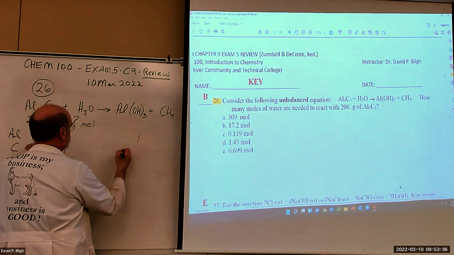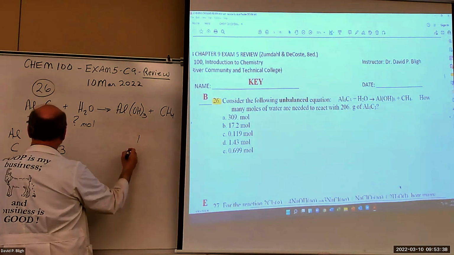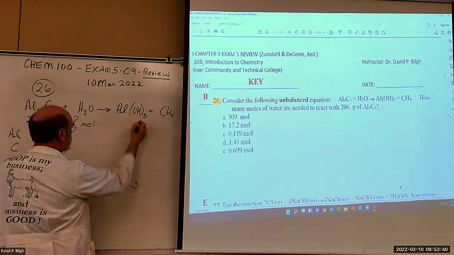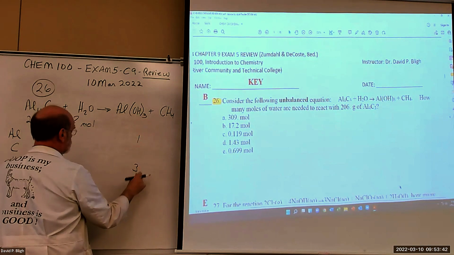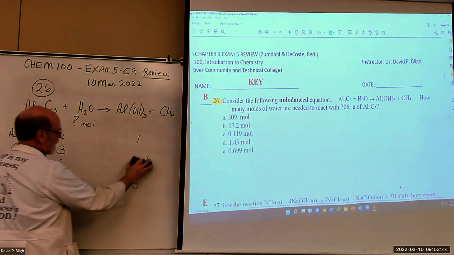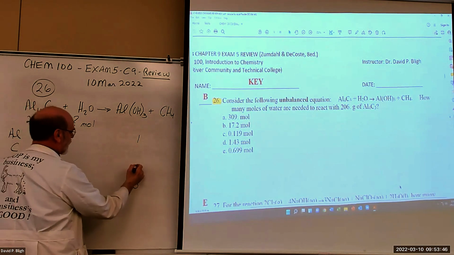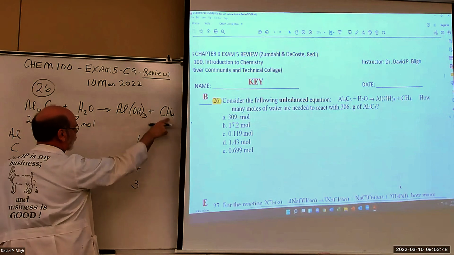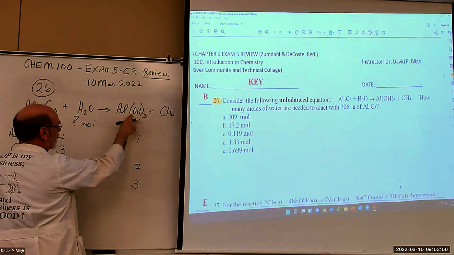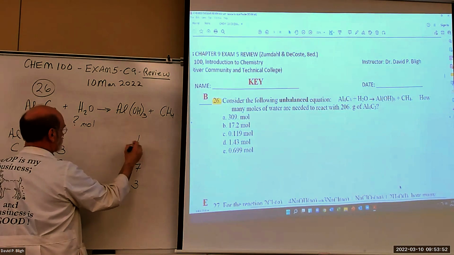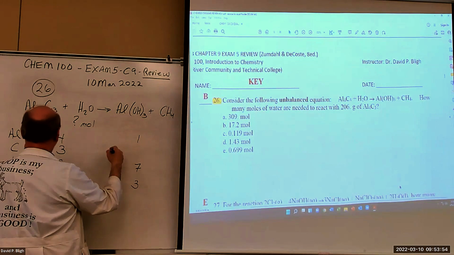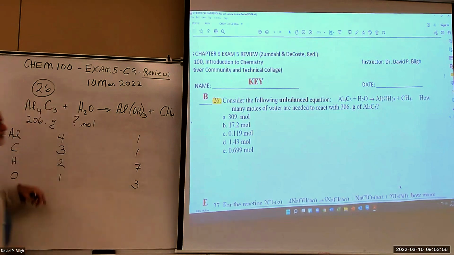Over here we have 1 aluminum, 3 oxygens, 7 hydrogens, 4 plus 3, and 1 carbon. Okay, that's where we're starting from.